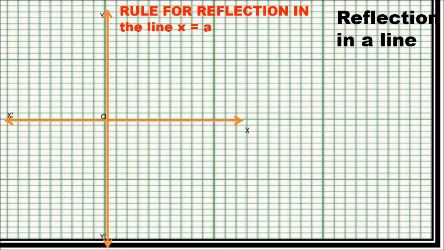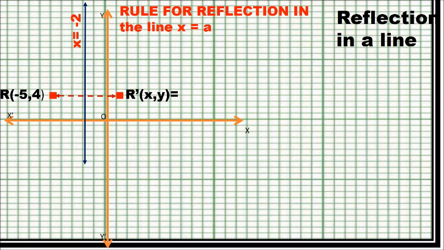Now let us see the reflection of a point in a line x is equal to a. I have taken here the value of a as -2. So x is equal to -2 is the mirror line, which is a perpendicular bisector of the line joining the object and the image, R(-5, 4) and R dash (x, y).